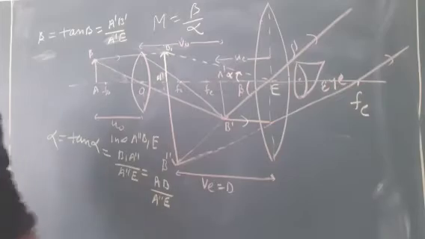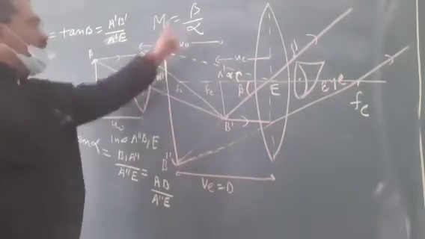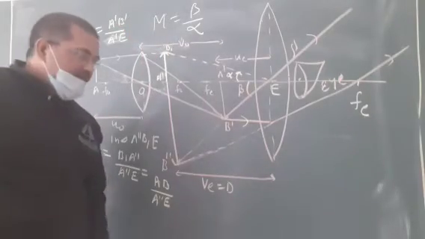So magnifying power is beta upon alpha. Put the value of alpha and beta in this equation. What will you get?